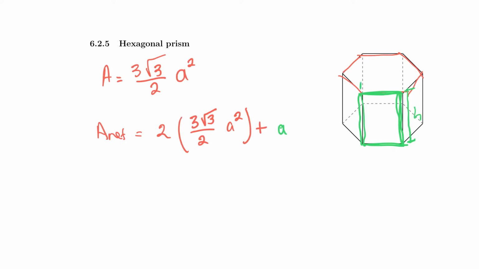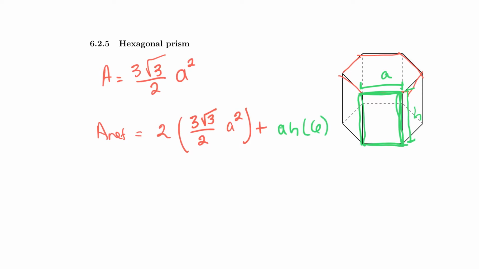Let's call it A, one side of the hexagon. We already used A in the hexagon area. A times H, and then multiply by how many rectangles. If the hexagon has 6 sides, we have 6 rectangles, so we multiply by 6.